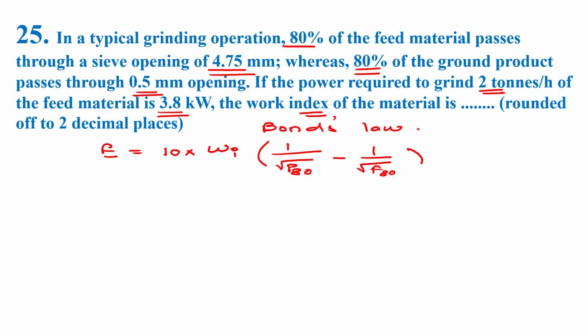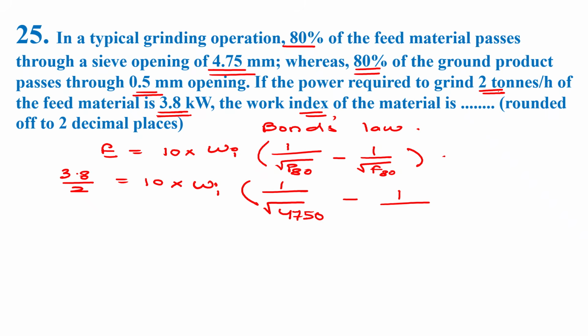Now energy over here, it's 3.8 kilowatt per 2 tons. That means 3.8 per 2 tons is 10 into work index, which we have to calculate, into 1 by root over P80 minus 1 by root over F80, where feed is 4.75 mm, that means 4750 micrometer, and ground product is 500 micrometer.